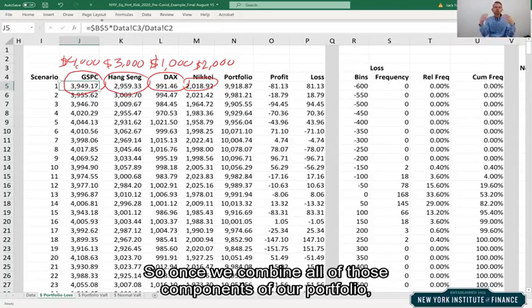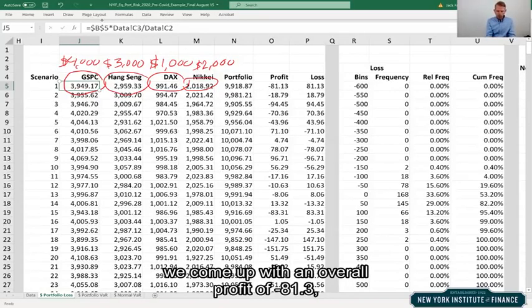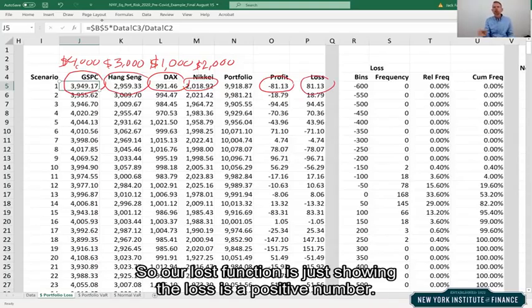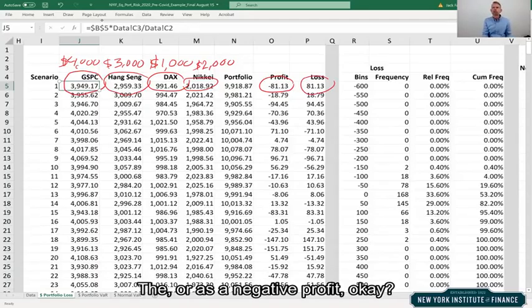So once we combine all of those components of our portfolio, we come up with an overall profit of negative 81.3, which is our loss of 81.13 also. So our loss function is just showing the loss as a positive number, or as a negative profit.